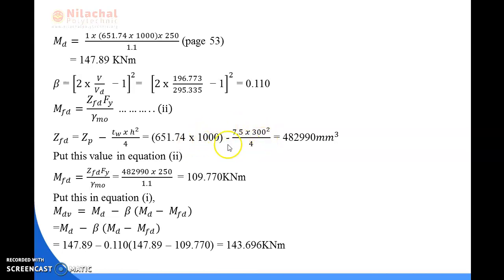By putting all these values, we got ZFD as 8482990 mm cubed. Now we can put this value in equation 2. By putting this value, we got the MFD value as 109.770 kilonewton meter.